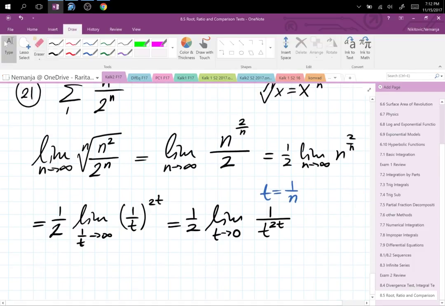We're just trying substitution to see if it helps. 0 to the 1, or, yeah. So did this help at all? No. It's 0 to 0.